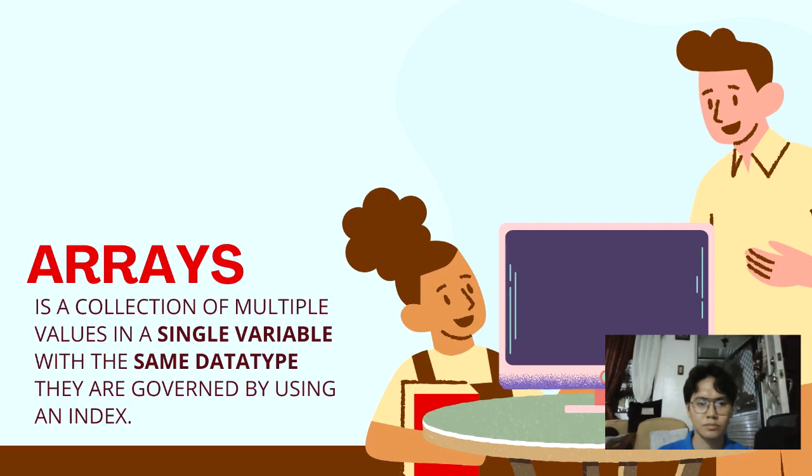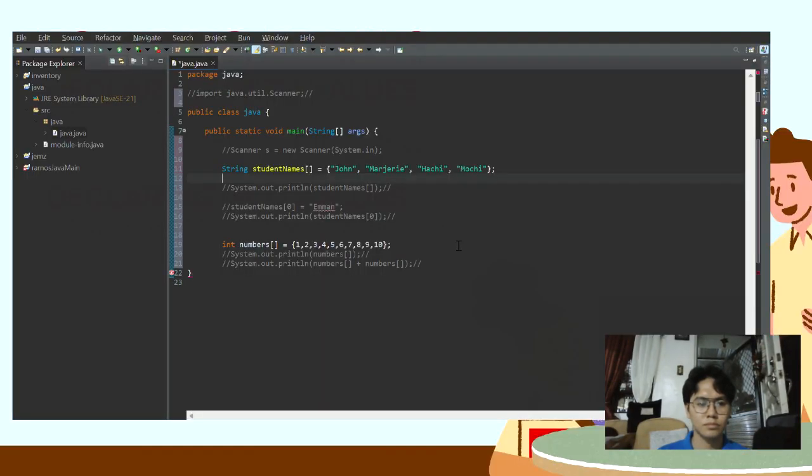So, mostly, we ask why we need to use an array, and why we need to know how to use an array in our Java programming. So, for example, in the example we will be making, instead of doing multiple strings, we will use string because it will have numerous characters like letters.